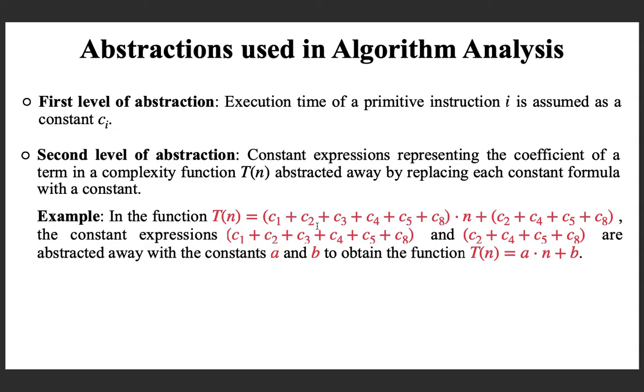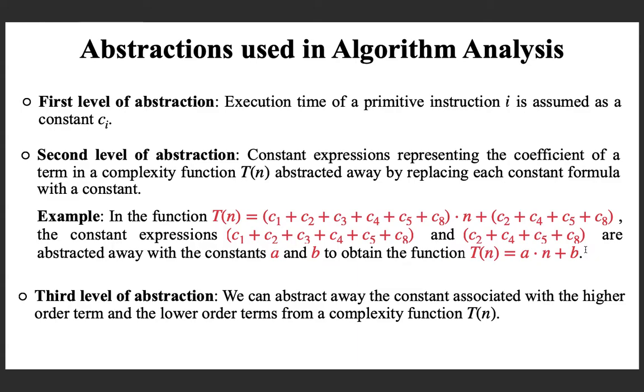For example, for the second statement we assumed it as a constant. That is the first level of abstraction. The second level is, after obtaining the complexity value as a function, we can replace the constant expression like this with another constant to simply say that now the time complexity is linear in the size of the input. A constant into n plus another constant. It's a linear function of n.